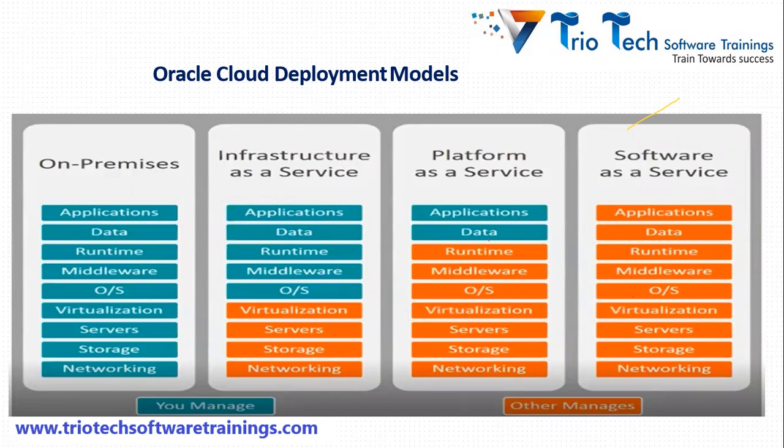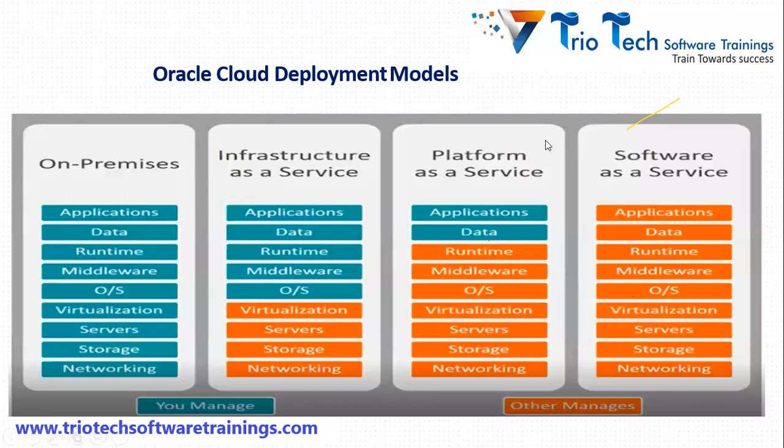The database will again be Oracle's, and the servers and storage, everything will be Oracle. The parts you can see in orange are managed by Oracle, and the parts in blue are managed by the customers or clients who are purchasing the services or applications from Oracle.